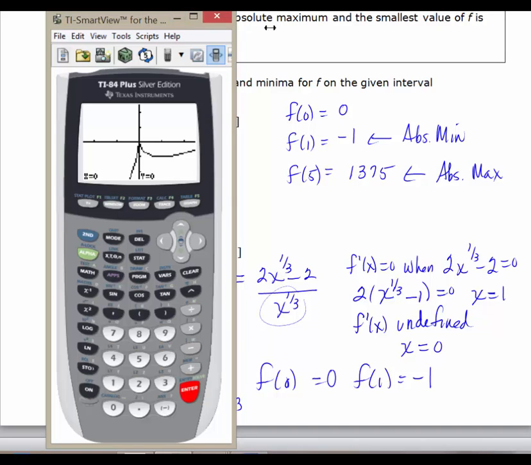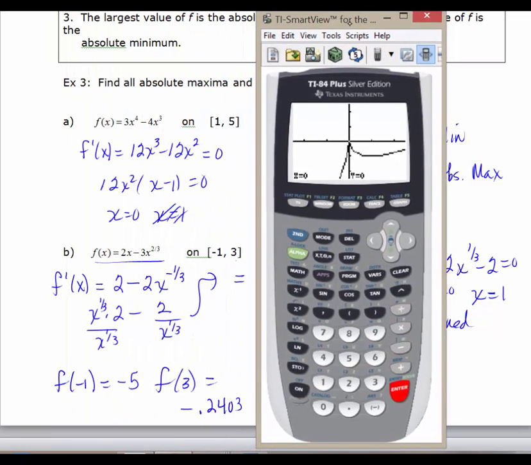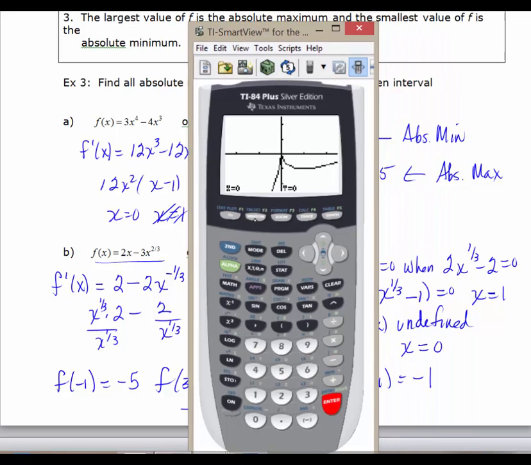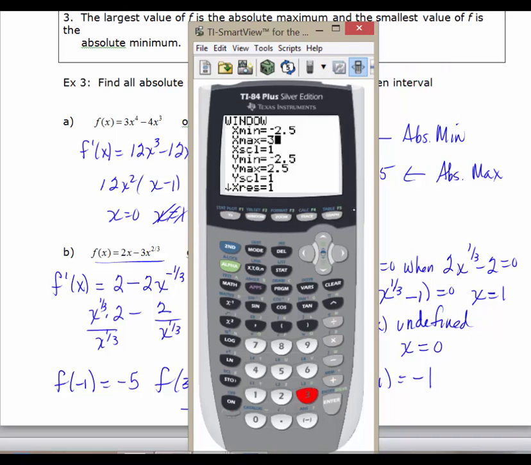And I want to make sure in my window that I have at least from -1 to 3. I have -1 right here, but let's make sure we have 3 as our maximum x. Let me put 3 in there, and then we'll graph this.